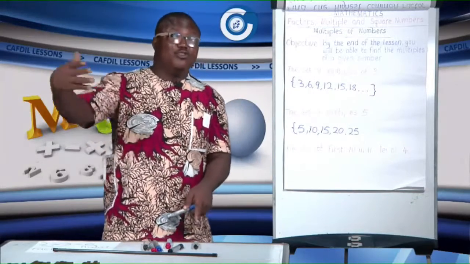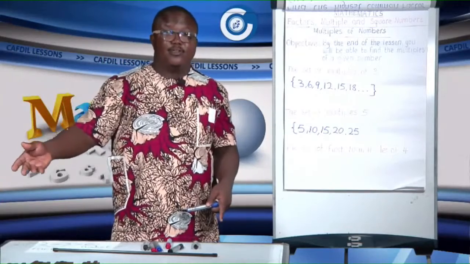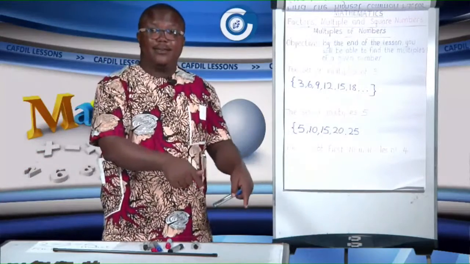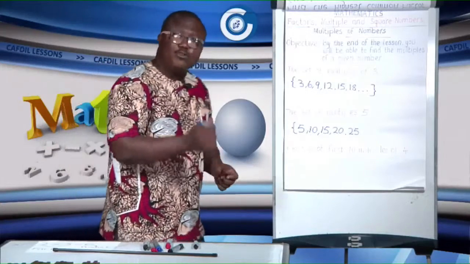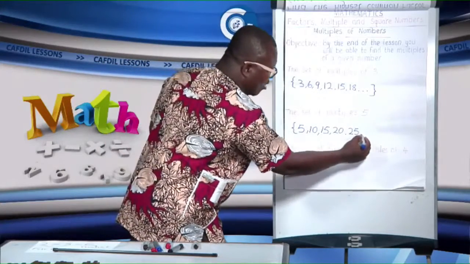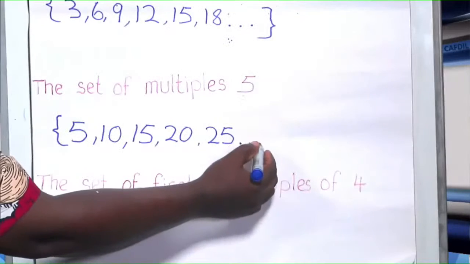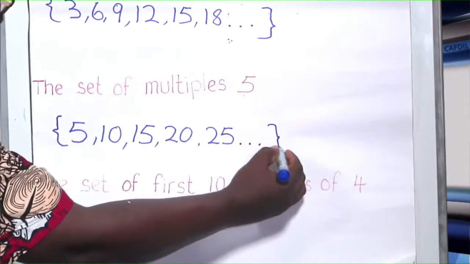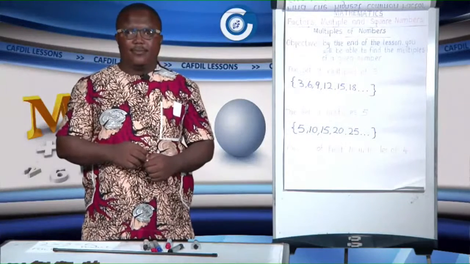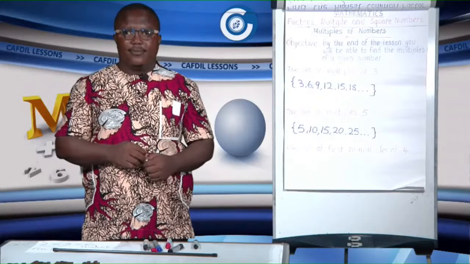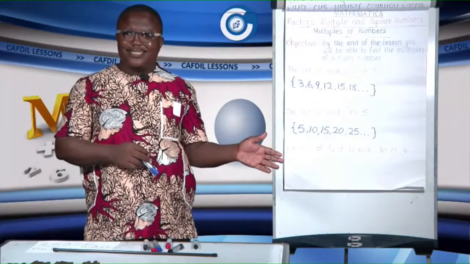So here it means that I can continue to add, but I want to end here. Because if I continue to do it, I'll get tired. So if you are tired and you want to end, then you are supposed to place 3 dots there. 1, 2, 3. Then you close your sets. Learners, have you seen how it is?